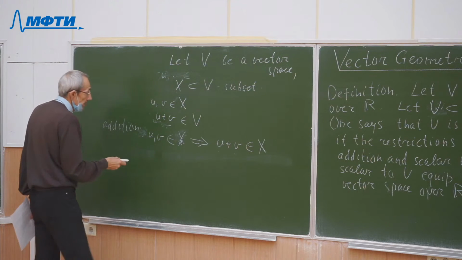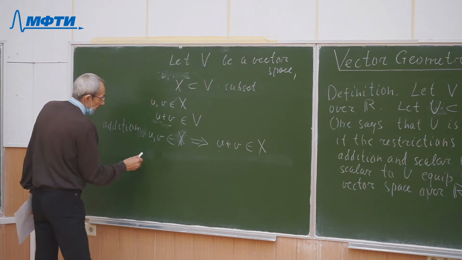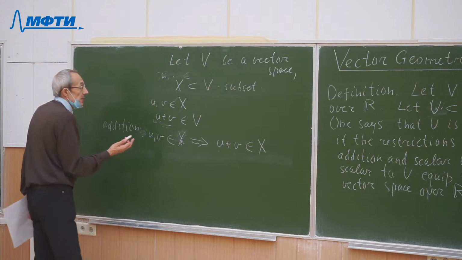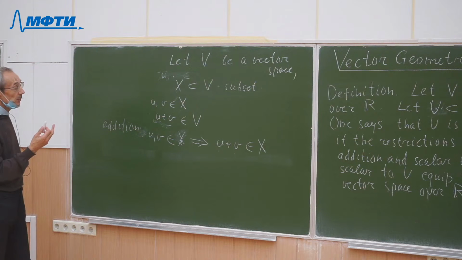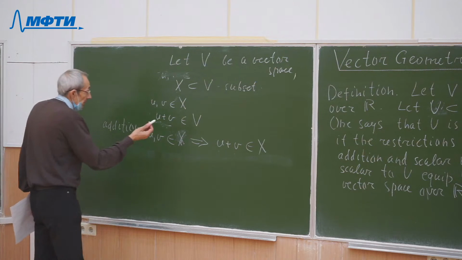And also, what does it mean that the operation of scalar multiplication is defined on X?